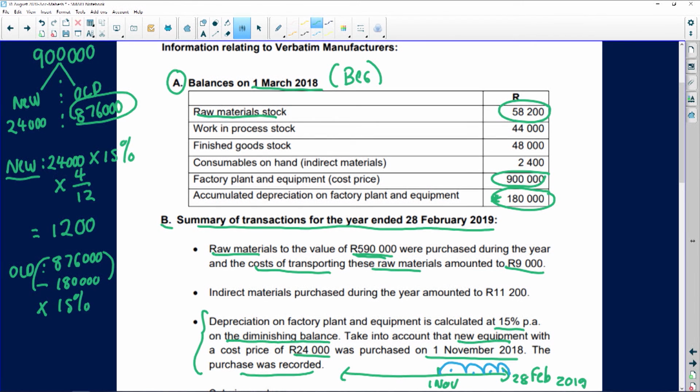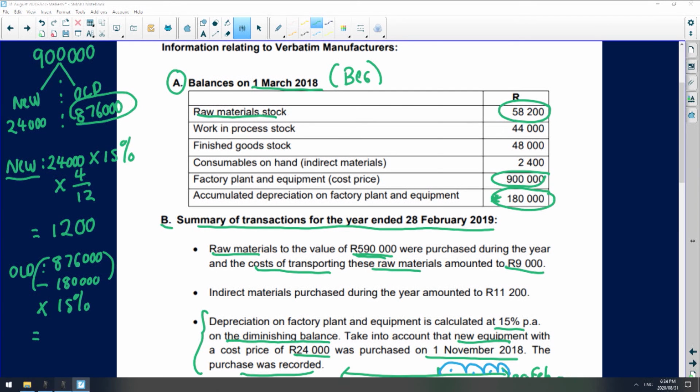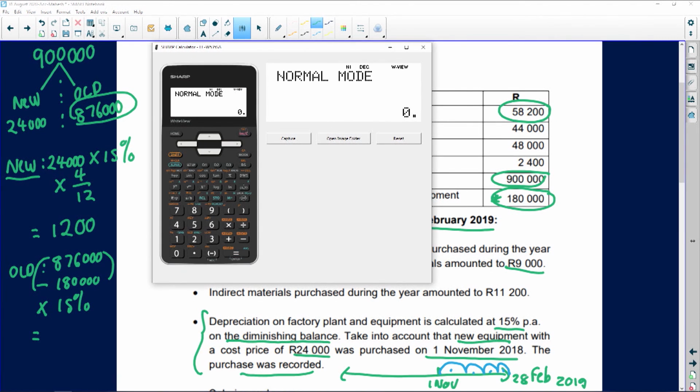For the entire year, 12 over 12, which cancels out. So my depreciation on old equipment, $876,000, less my accumulated depreciation of $180,000, times 15%, and that gives us, oh, made a mistake there.